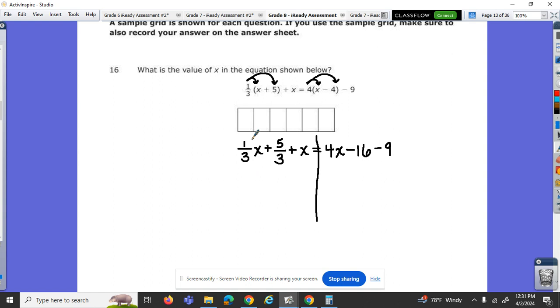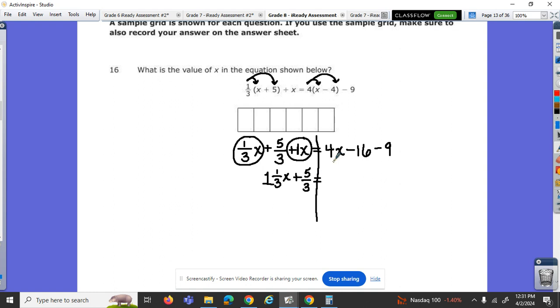All right, so I see 1/3 x plus, remember that invisible 1 right there. So that would be 1 1/3 x. And might have to change our format in just a sec. So plus 5/3.